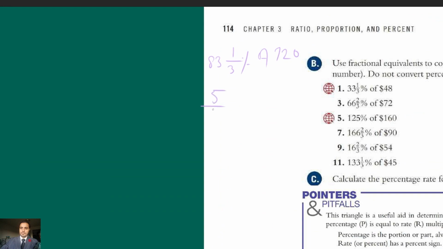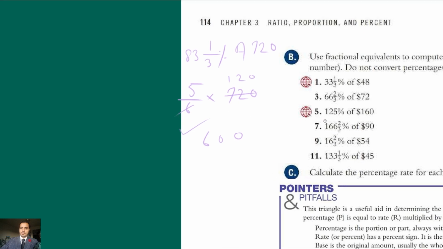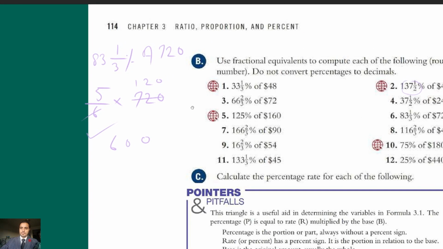So 5/6 multiplied by 720. 720 divided by 6 gets 120. 120 times 5 is 600. So there you go. So that was number 6.